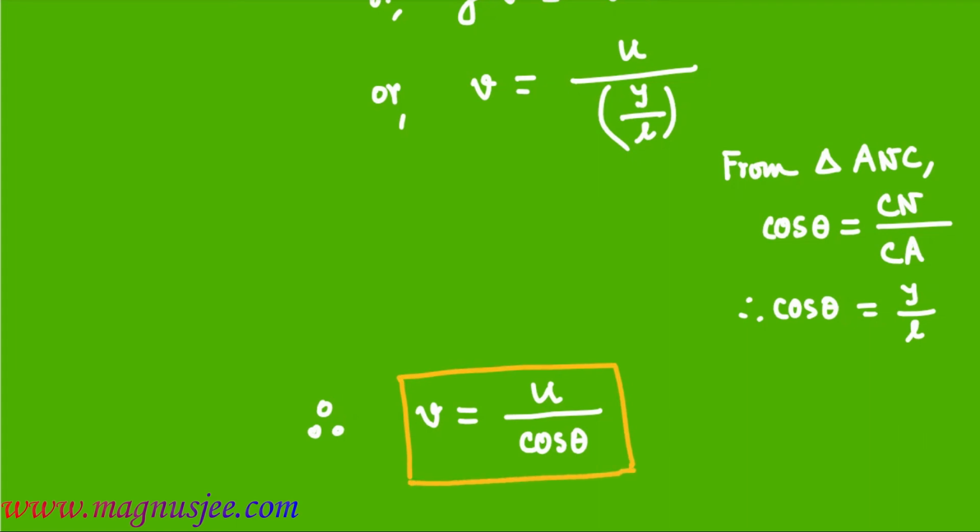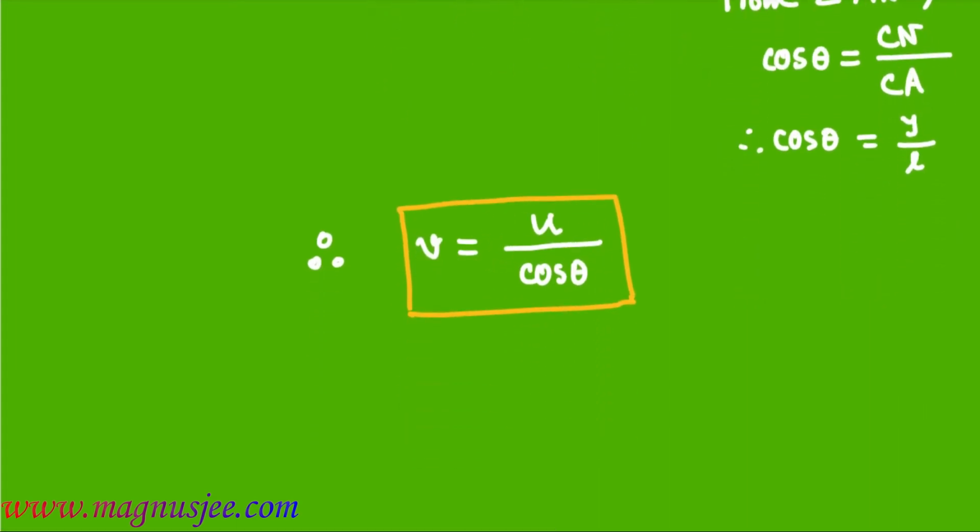v is the velocity of the mass which will be moving upwards if the two free ends of the string are pulled with a velocity u, where theta is the angle subtended by the oblique portion of the string with the vertical.